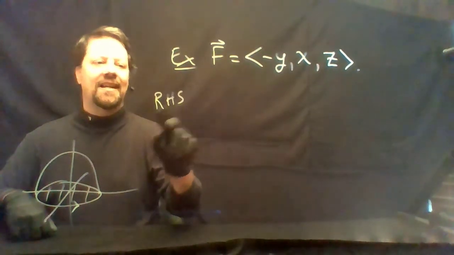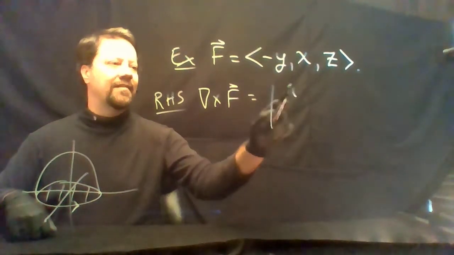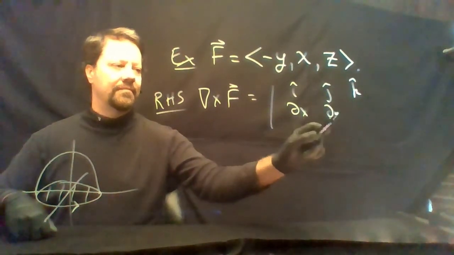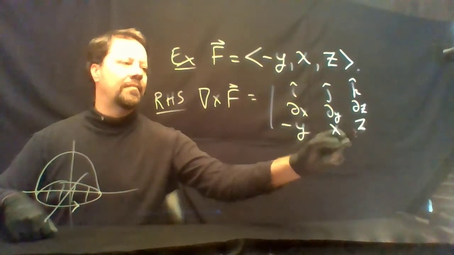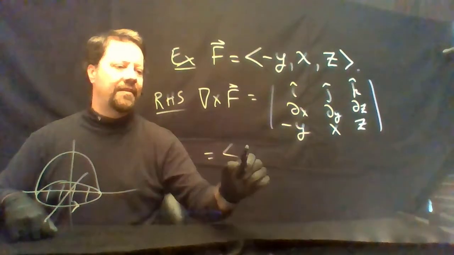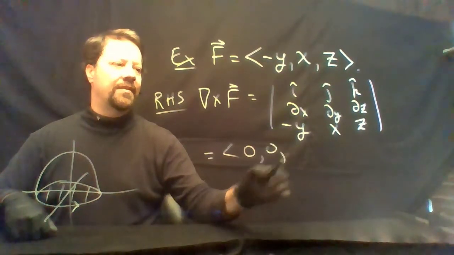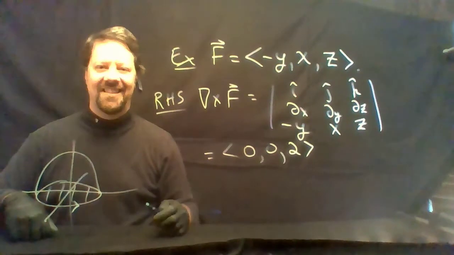On the right-hand side, we need to calculate the curl of the vector field. We'll have 0, 0, and then 1 minus negative 1 is 2.